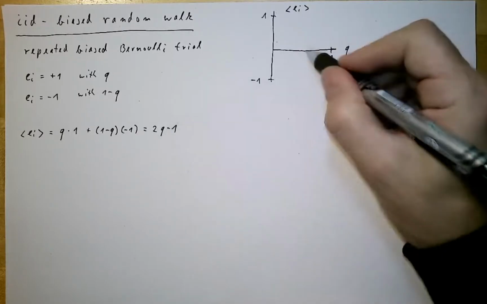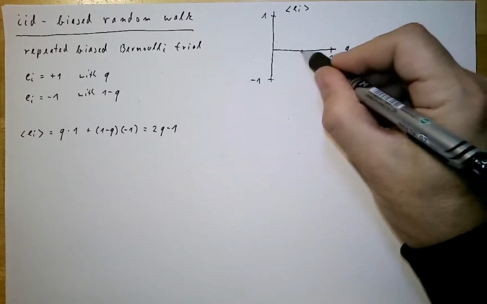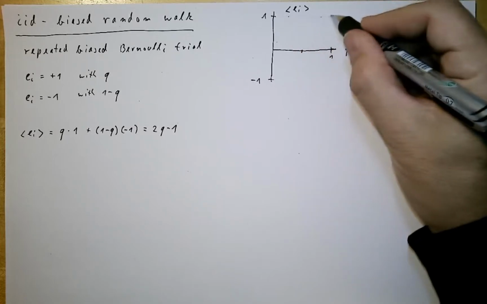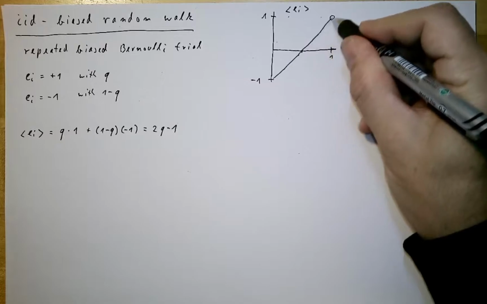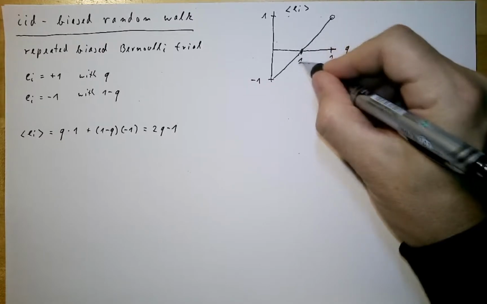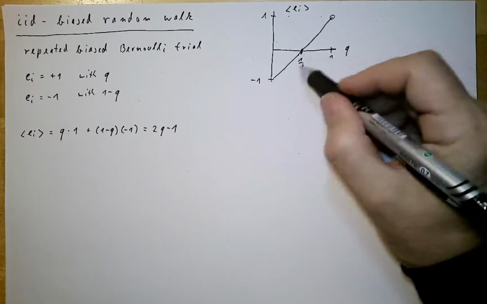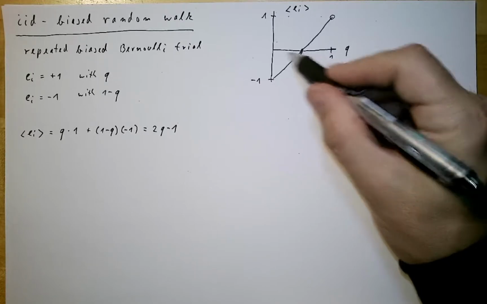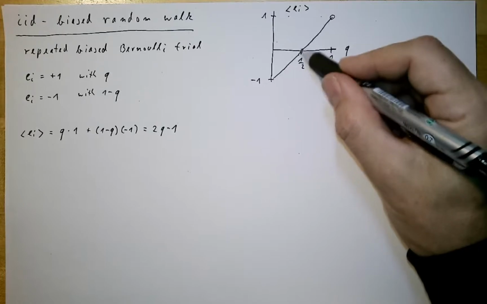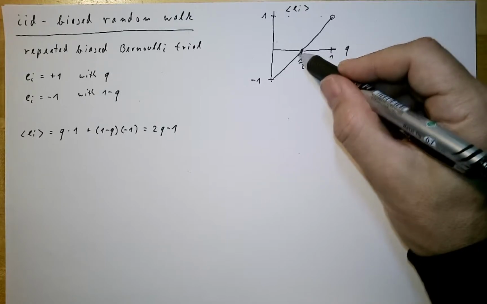We have this function which goes through 0. At q equal to 0.5, the expectation of the increments is 0, because this would be an unbiased random walk.